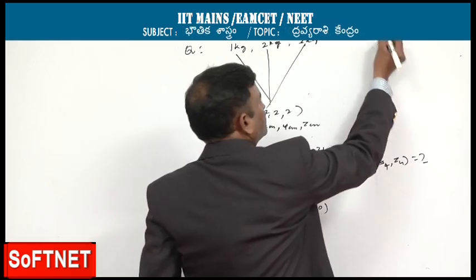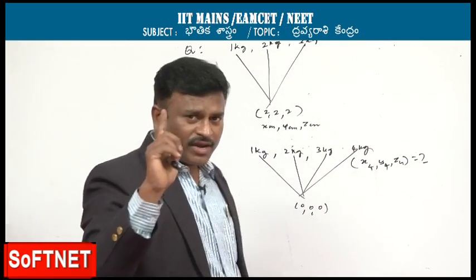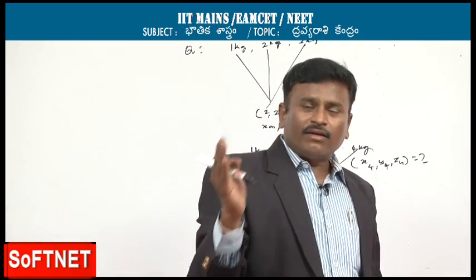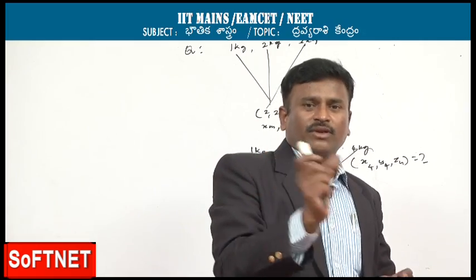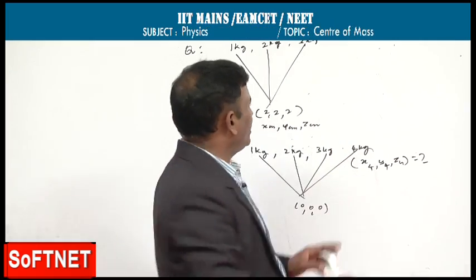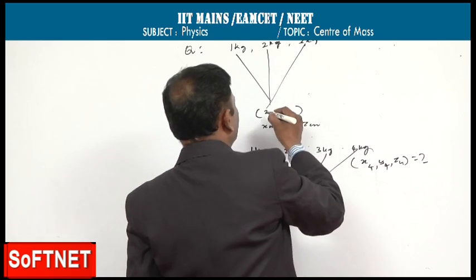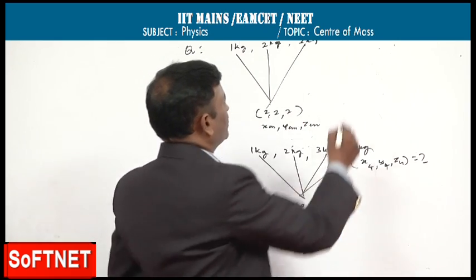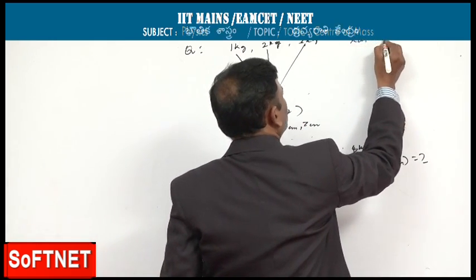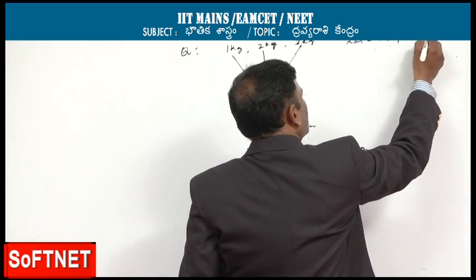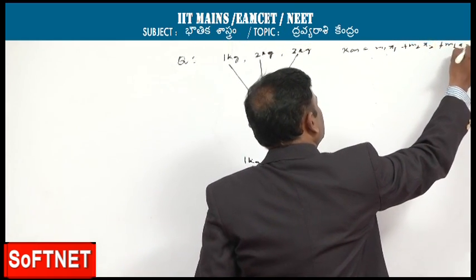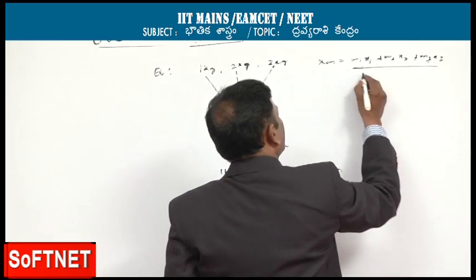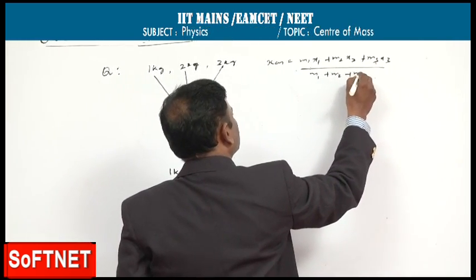First thing is what is given in the problem. One hint and one concept will be given in each and every problem. The hint is here. First, the center of mass of the 3 masses is given: XCM is equal to M1x1 plus M2x2 plus M3x3 by M1 plus M2 plus M3.